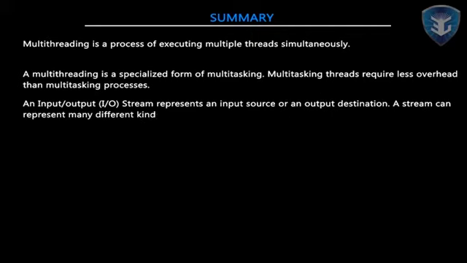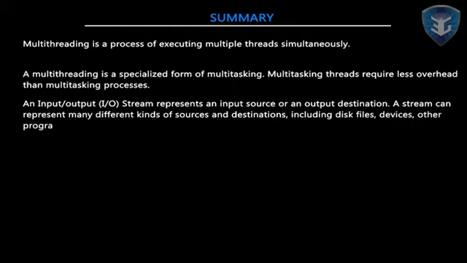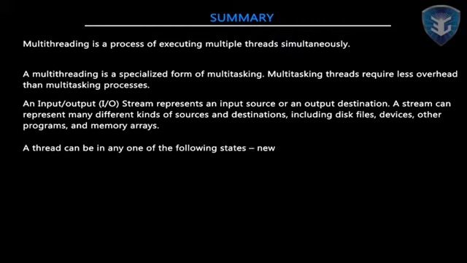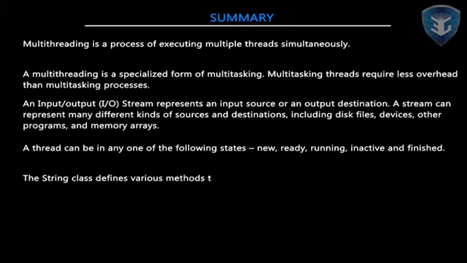A stream can represent many kinds of sources and destinations, including disk files, devices, other programs, and memory arrays. A thread can be in any one of the following states: new, ready, running, inactive, and finished. The string class defines various methods that are used to compare strings or substrings within strings.